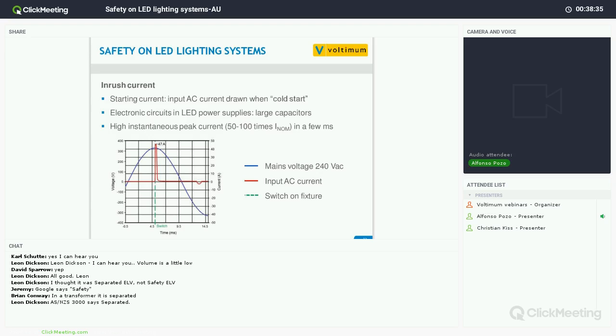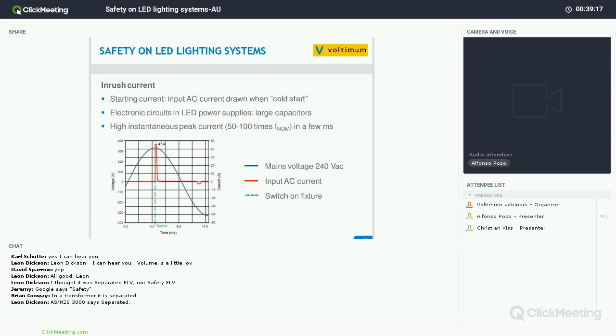Just as a quick example, a typical 80-watt fixture can easily exceed 60 amps peak inrush current. So inrush current is a parameter that must be provided by the original OEM of LED drivers and power supply equipment, and it is generally given as a maximum because it's not a fixed value. Inrush varies and can change depending on the exact moment of the AC waveform in which power is applied or switched on.